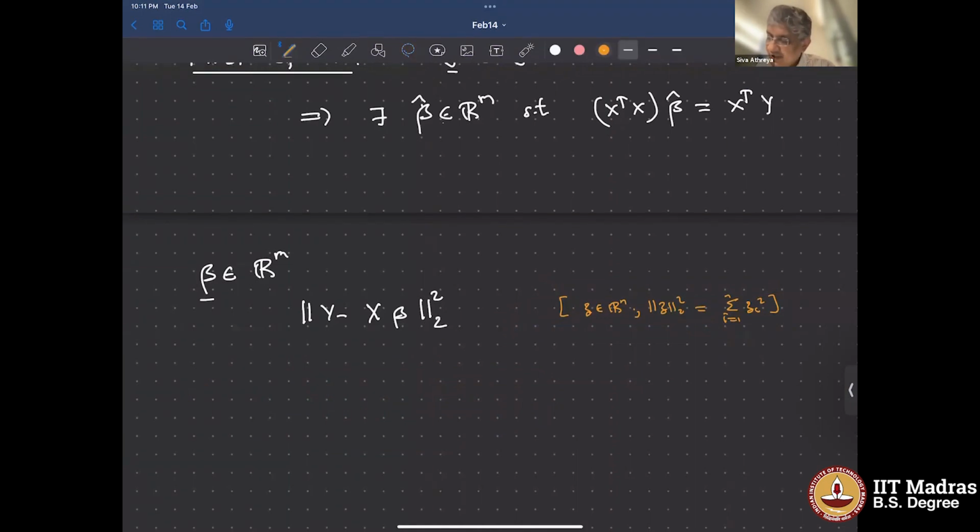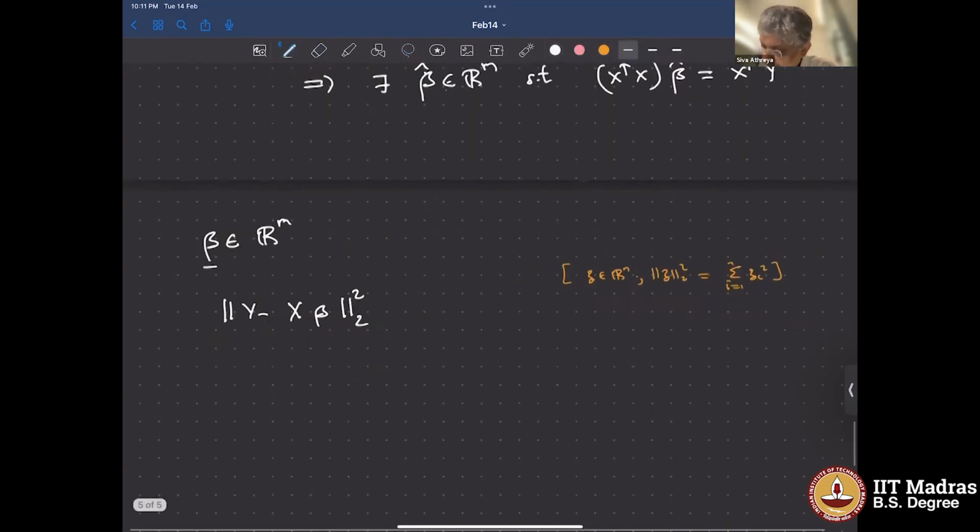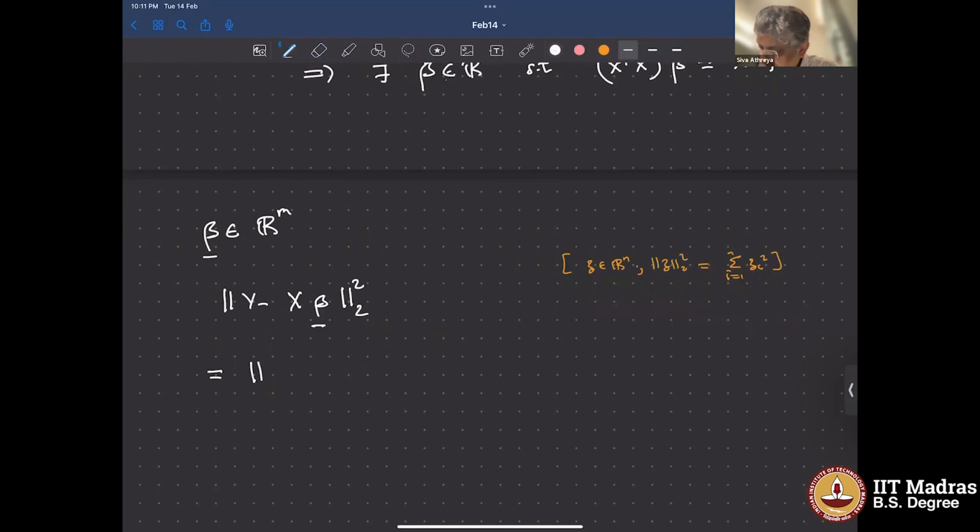Now in this expression, I will add and subtract X beta hat, which is what I want to compare. I want to show that's the smallest one. So I have X beta hat minus X beta, norm L2 squared.